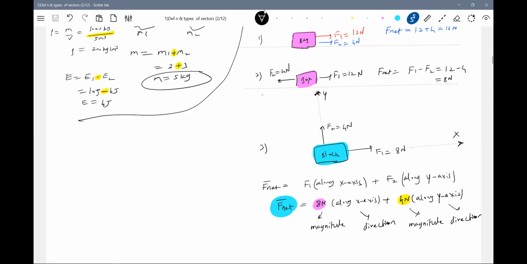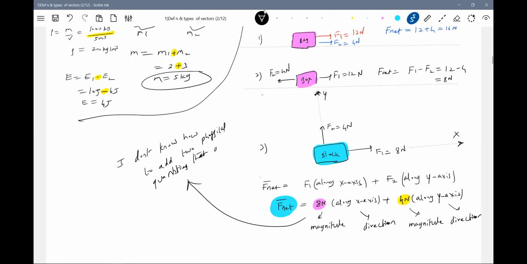So what is the biggest thing here now? Looking at this, we don't know, or especially let me say I don't know, how to add two physical quantities that are having directions.